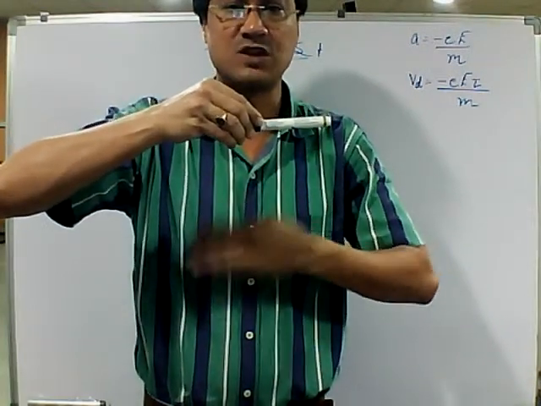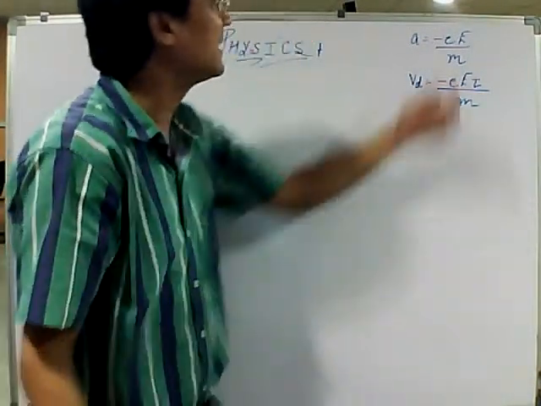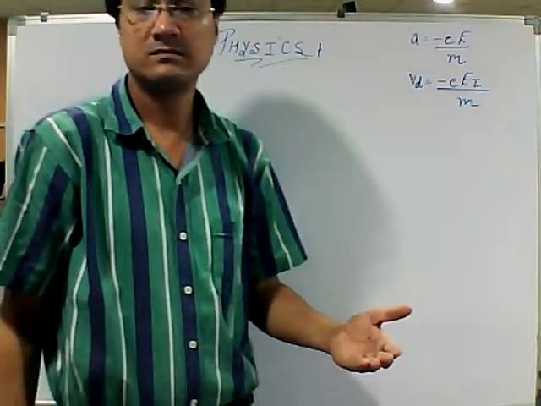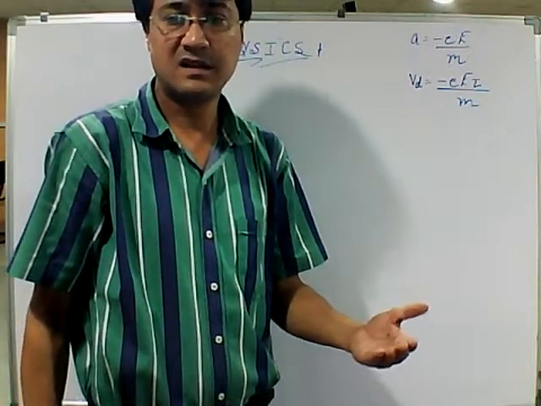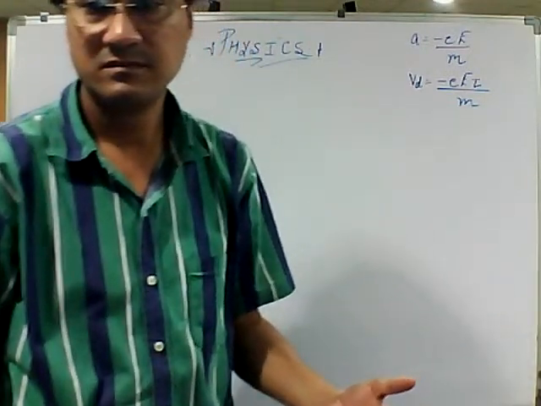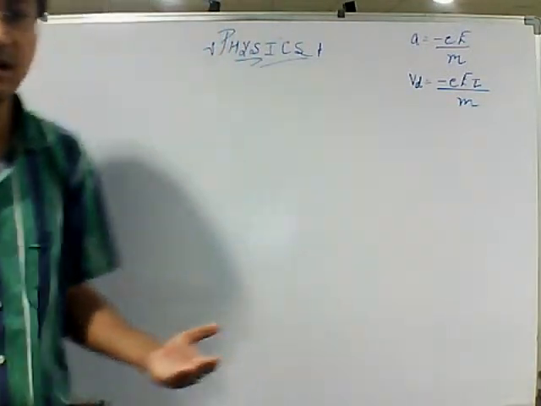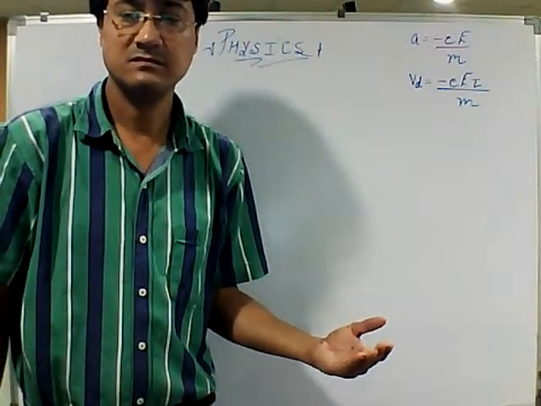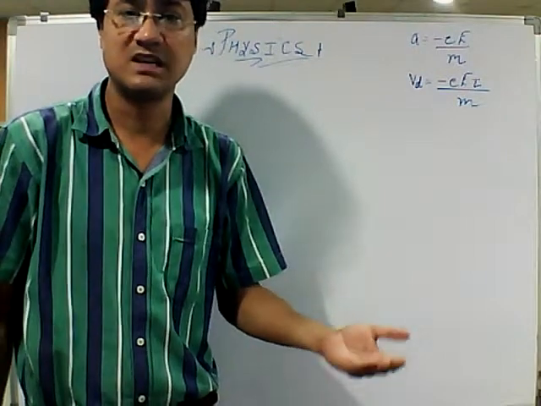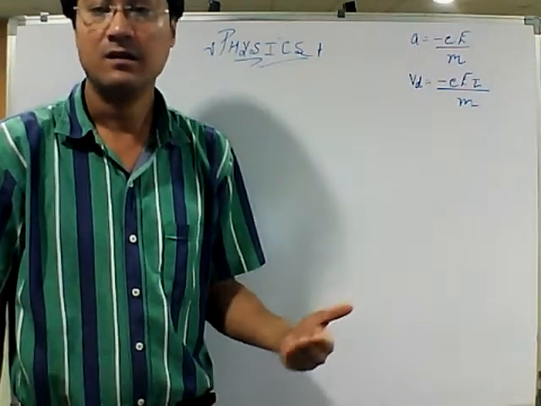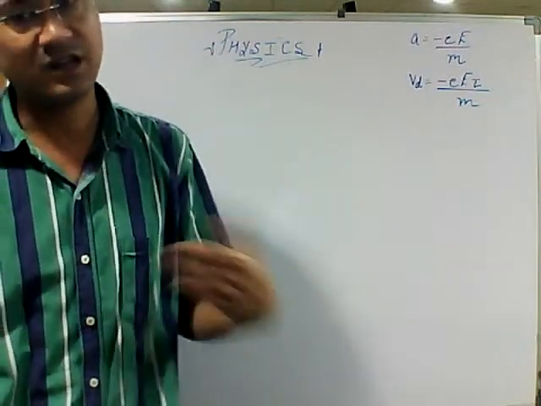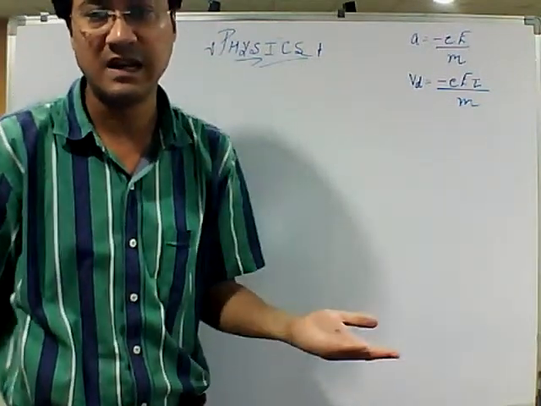The direction of motion is opposite, hence we take the negative sign. Velocity is a vector quantity, so we need to take the vector direction also.